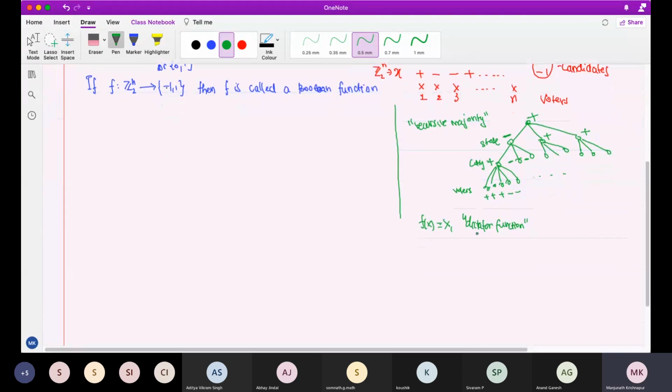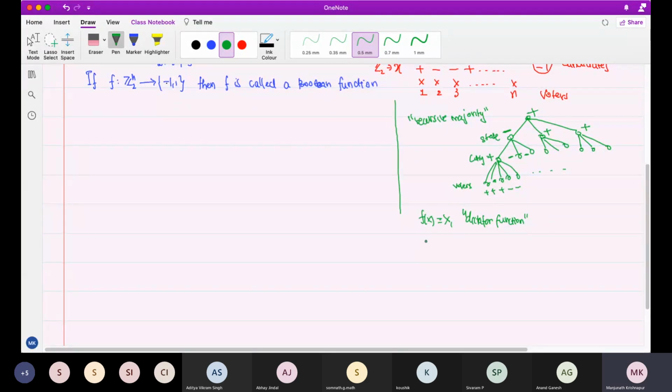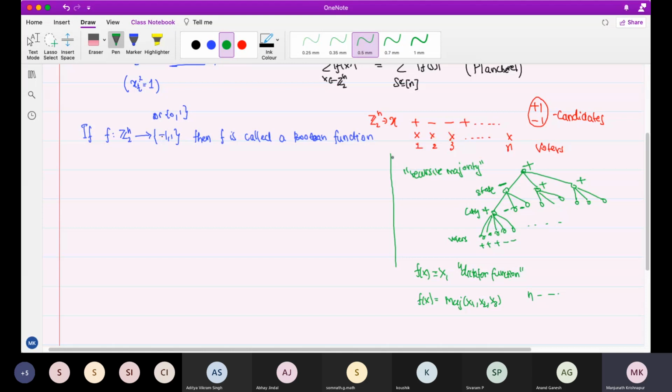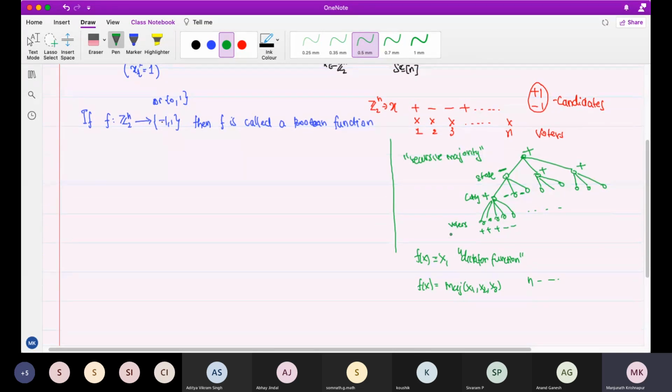Okay. So more generally, you may have f of x is, let's say, majority of x1, x2, x3, although n may be very large. That means there is some Politburo-like thing. So there are some three fellows who control everything.